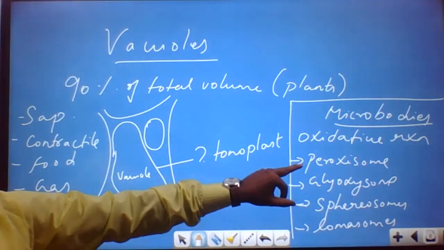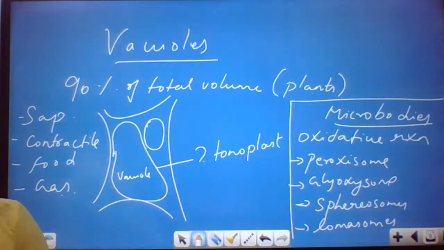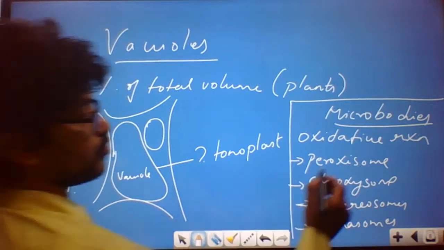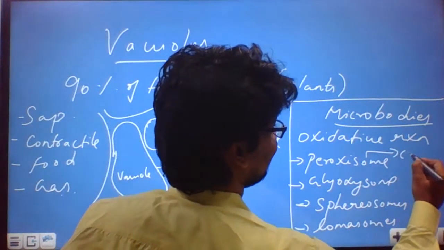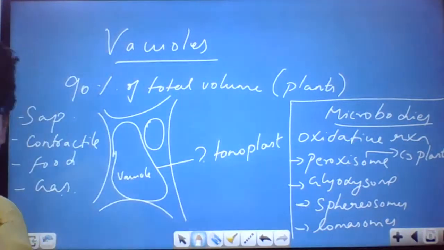When coming to the first, peroxisomes, which we usually see in C3 plants, they are very common in C3 plants.